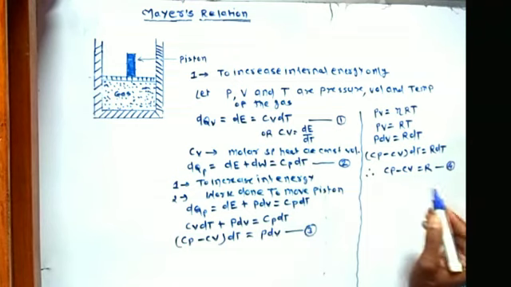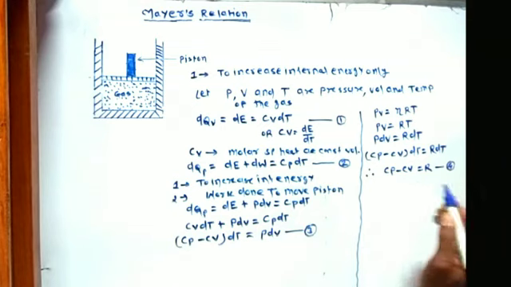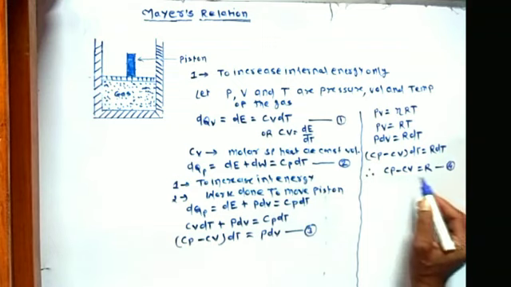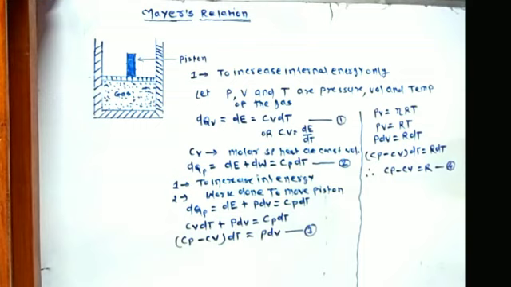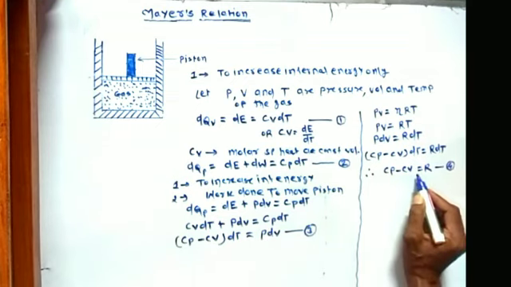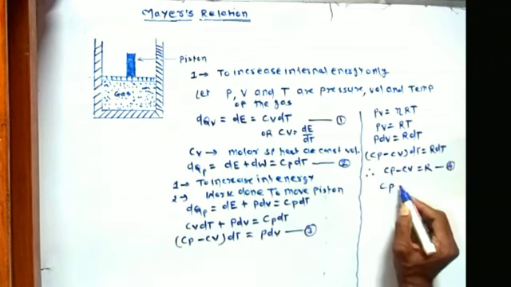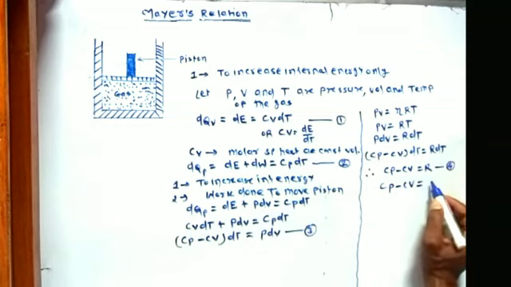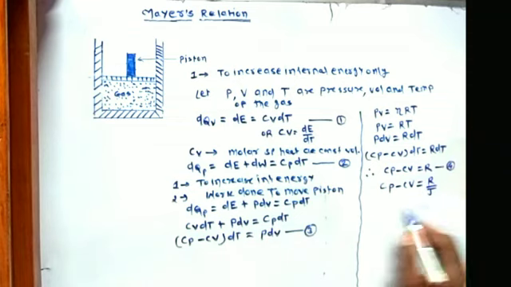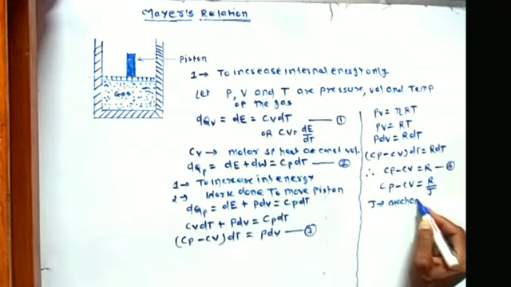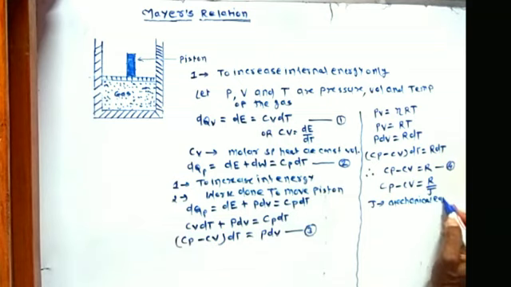This relation has been derived by assuming heat as well as mechanical work done are measured in joules, but heat is also measured in calories, and so the above relation is modified as Cp minus Cv equal to R upon J, where J is the mechanical equivalent of heat.